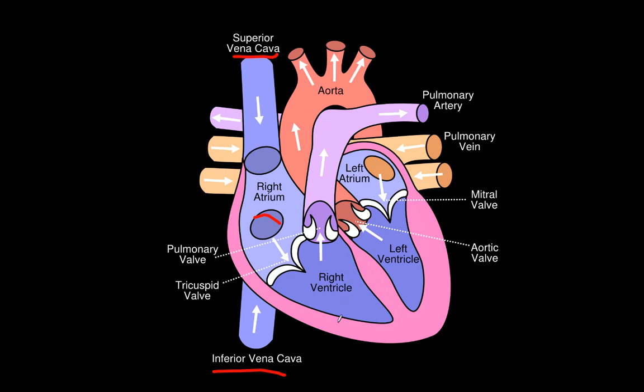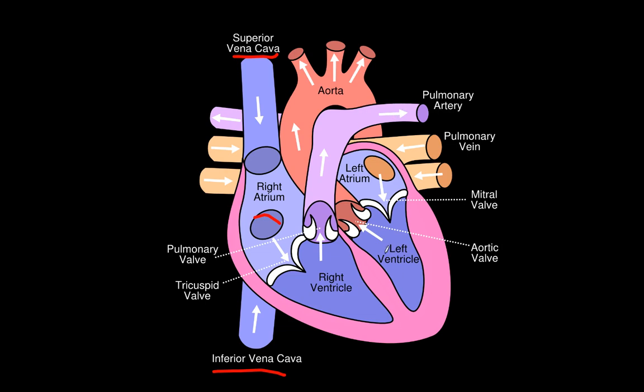As soon as this happens, we build up pressure. We start contracting the right ventricle. Pressure is going to build up in this ventricle. It's going to close this tricuspid valve because now the pressure in the right ventricle is exceeding that in the right atrium. It's going to close this, but it's going to open the pulmonary valve because we have this increasing pressure here now, and push blood out into the pulmonary artery, where it's going to go to the lungs.